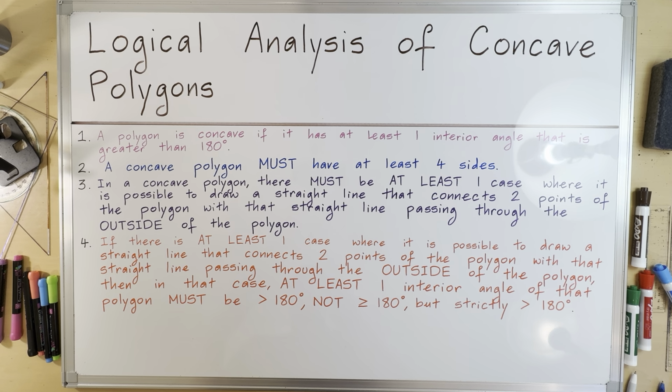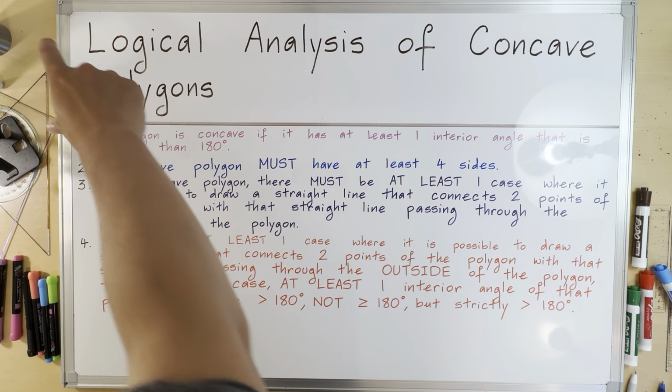And last but not least, statement number 4 states that if there is at least one case where it is possible to draw a straight line that connects 2 points of the polygon with that straight line passing through the outside of the polygon, then in that case, at least one interior angle of that polygon must be greater than 180 degrees, not greater than or equal to 180 degrees, but strictly greater than 180 degrees.